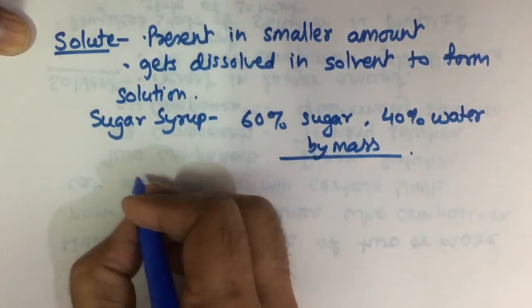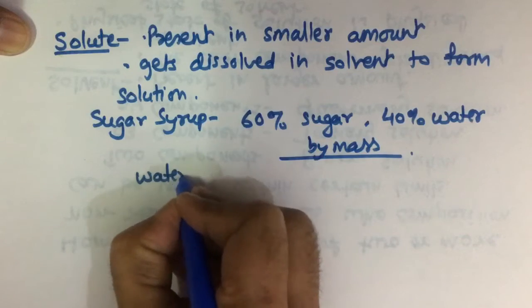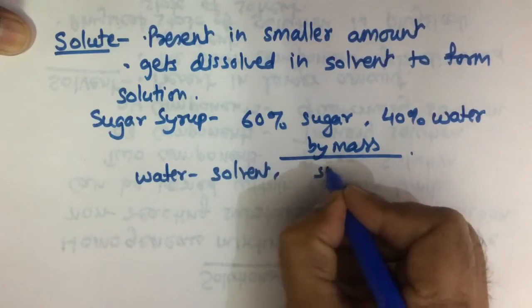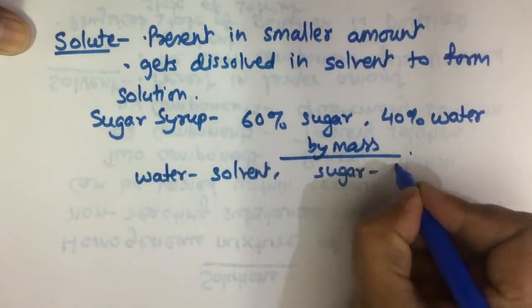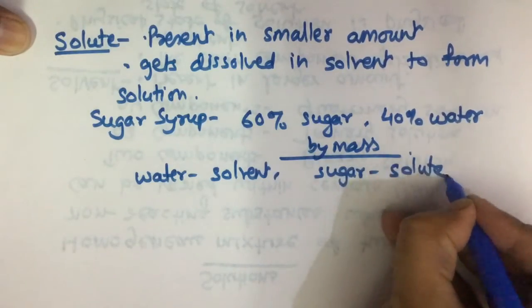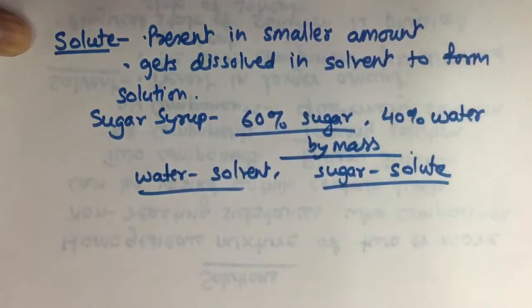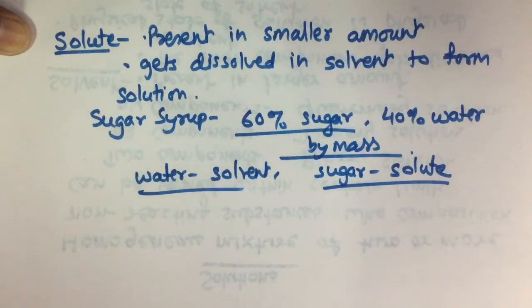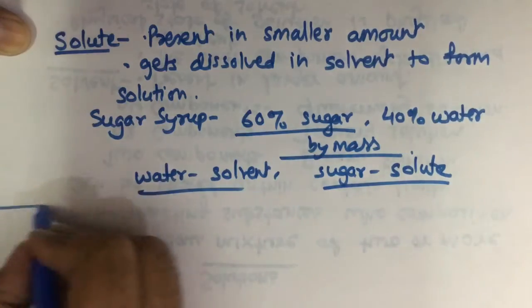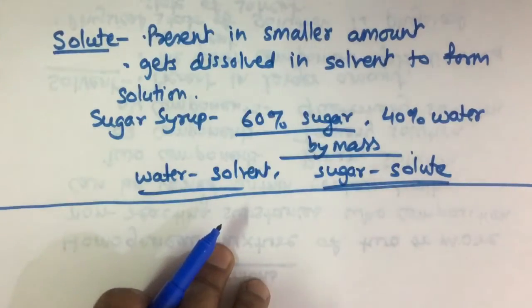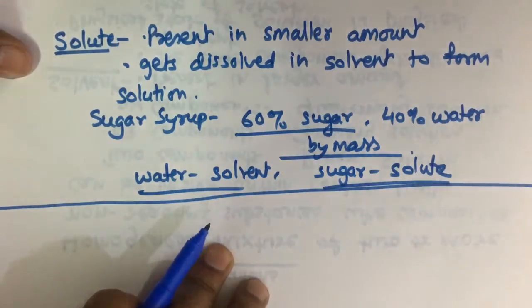Here the water is solvent and sugar is solute. Although sugar is present in large excess, but it is solute because the physical state of the solution syrup is the physical state of water. So in this way we can determine which component is solute, which component is solvent.